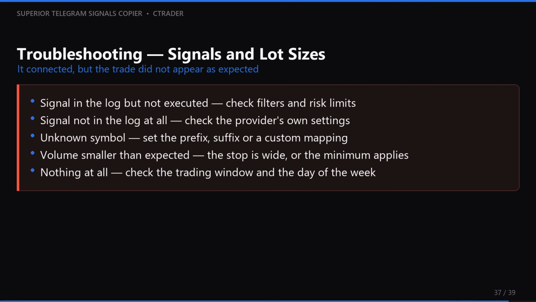If the volume is smaller than you expected, remember that a wide stop always produces a smaller position for the same risk percentage, and that the broker's minimum volume applies underneath everything. And if absolutely nothing is happening, check the trading window and the day of the week settings before anything else.